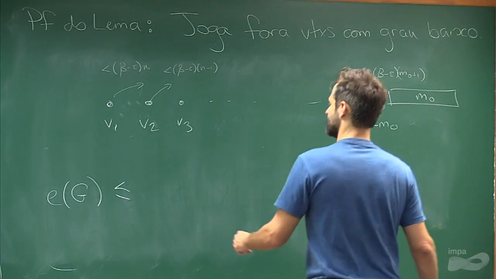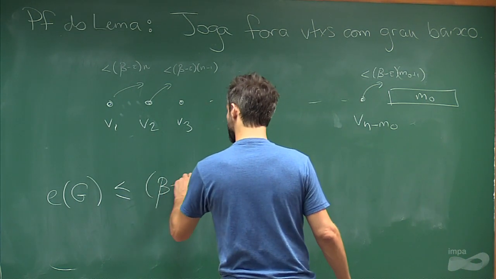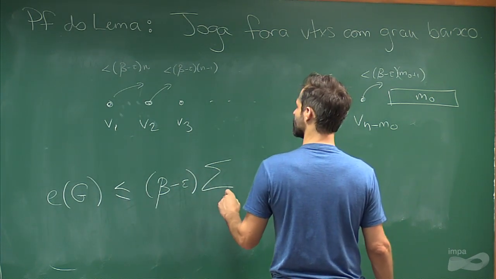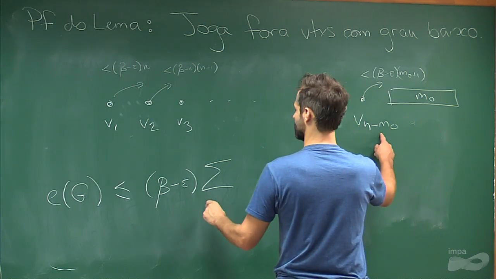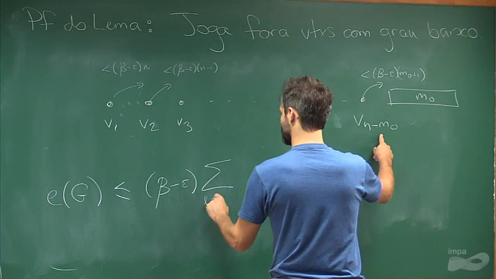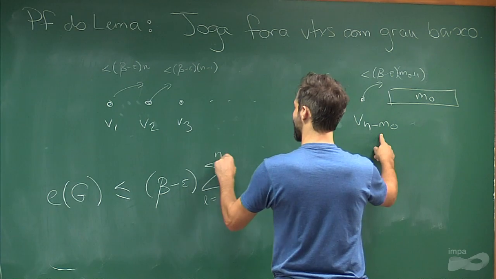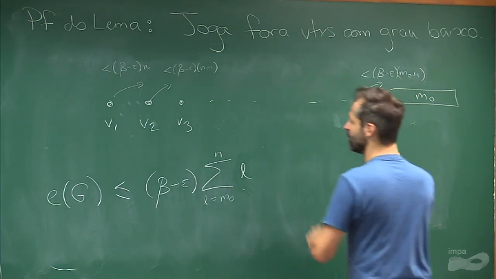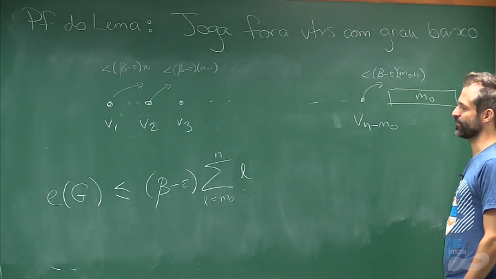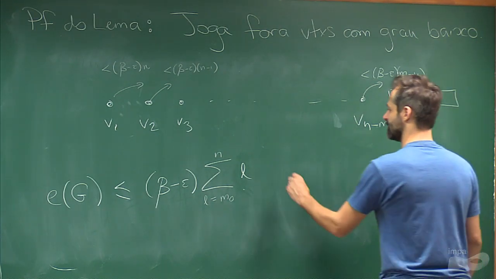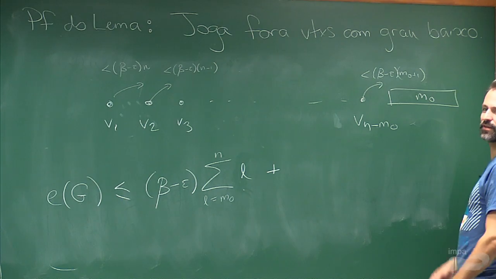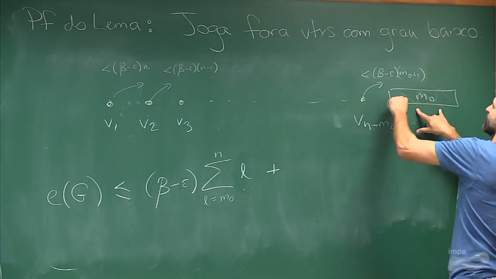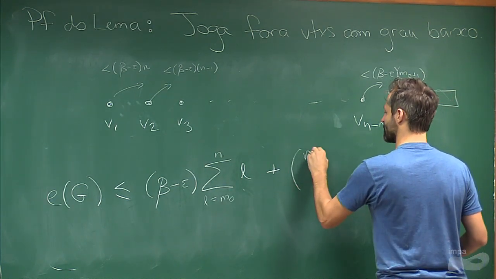So at most beta minus epsilon times the sum from L equals m0 to n of L, plus whatever happened in here. We have no control over that. This could be a clique. So plus m0 choose 2.